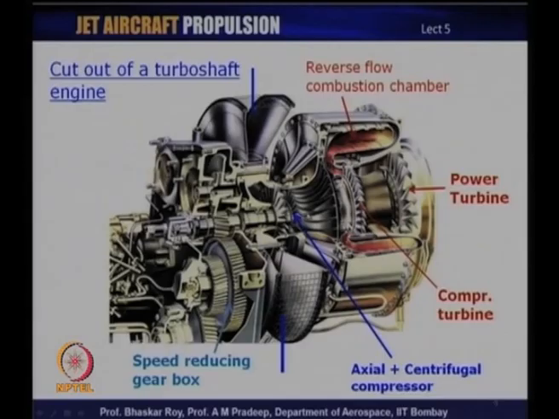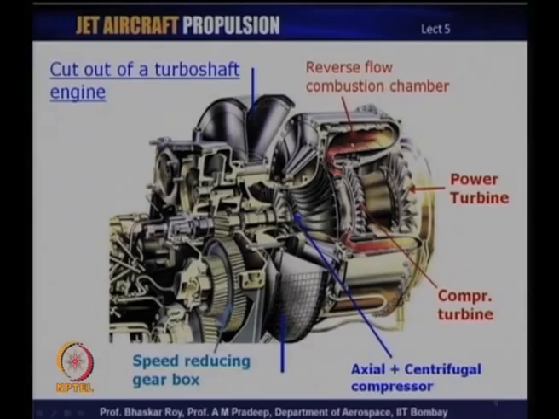Now, what you see here is you have a combination of an axial flow compressor and a centrifugal compressor. As you can see here, the centrifugal compressor is quite large and produces a substantial amount of compression. Then it delivers the air into this combustion chamber, which is a kind of reverse flow combustion chamber, in the sense the flow goes into the combustion chamber and kind of backtracks in the opposite direction.